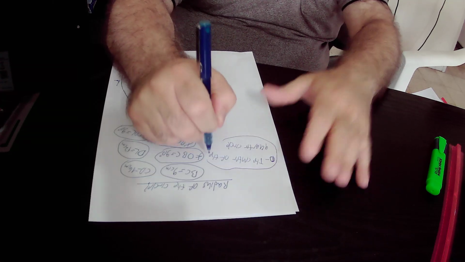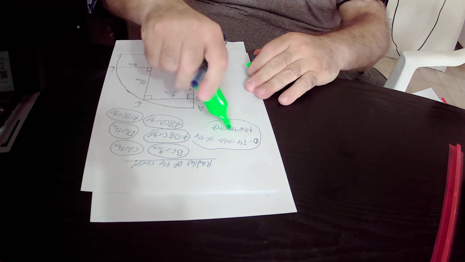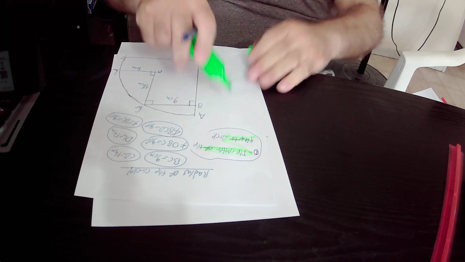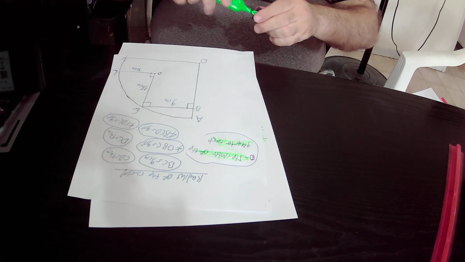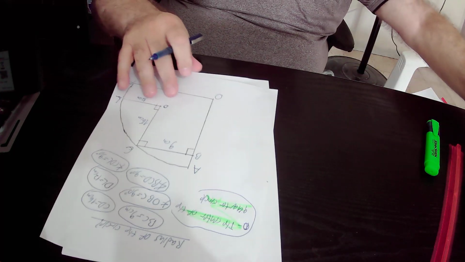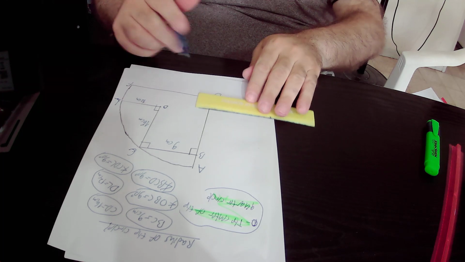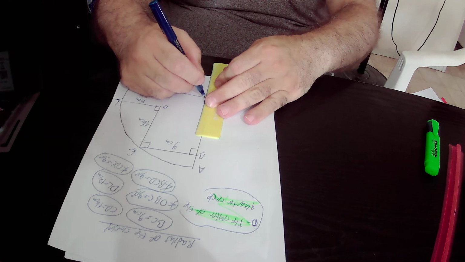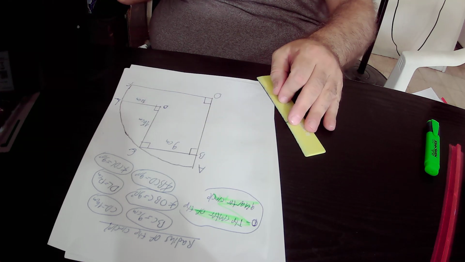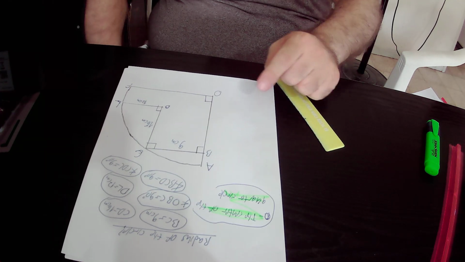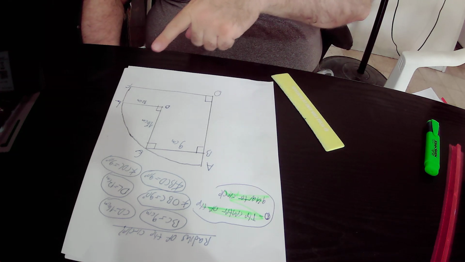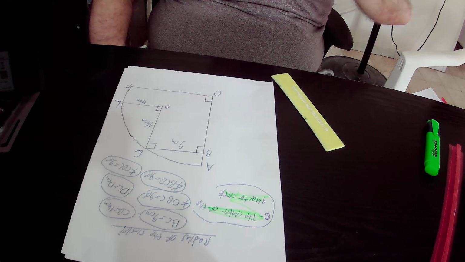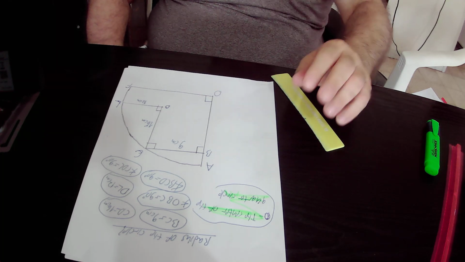Also, this angle, angle BOF, is equal to 90 degrees. And side AO equals side OF, and both sides are the radii of this quarter circle. We'll define the radius of this quarter circle as R.